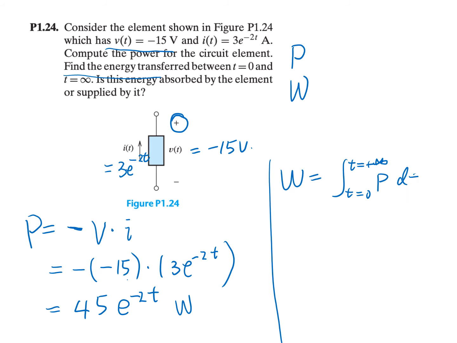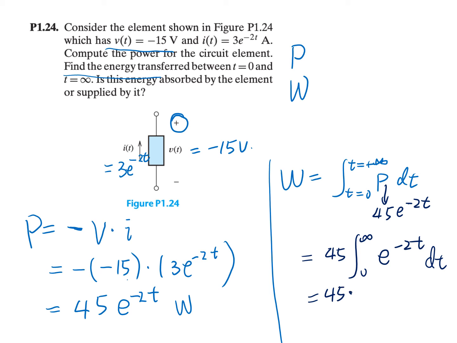Of P dt. And so let's substitute in P. That's 45e to the power of negative 2t. So we have 45 times the integral from 0 to infinity of e to the power of negative 2t dt. That's 45 times 1 over negative 2, times e to the negative 2t.